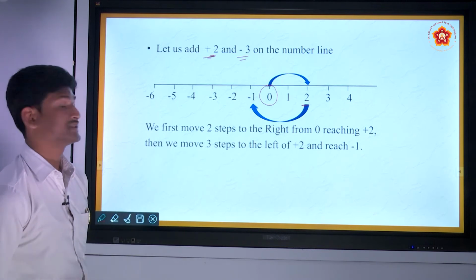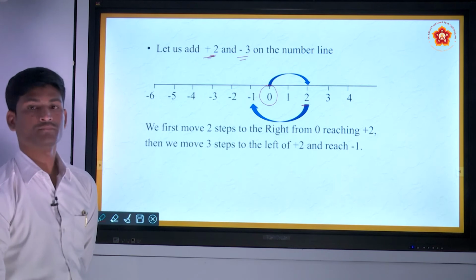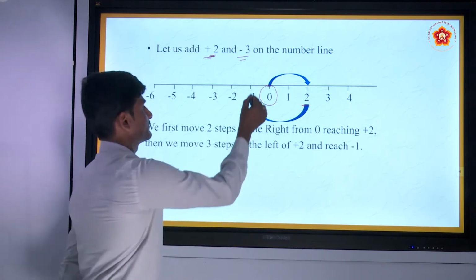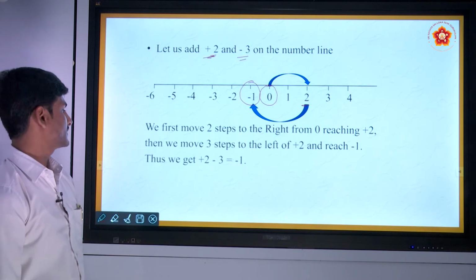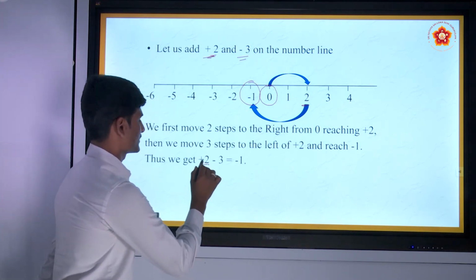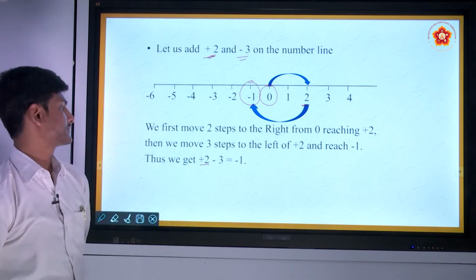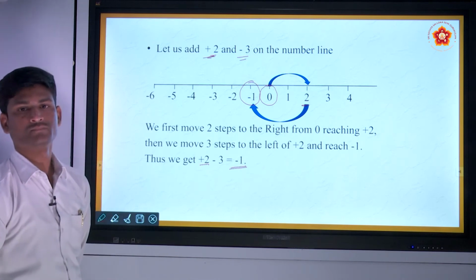Then we move 3 steps to the left of the plus 2, and reach minus 1, right? Thus plus 2 minus 3 is equal to minus 1.